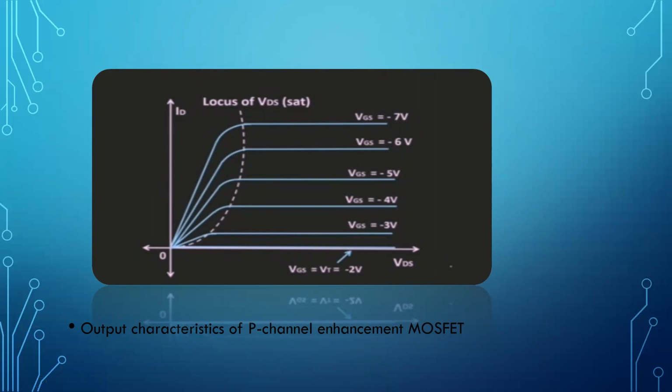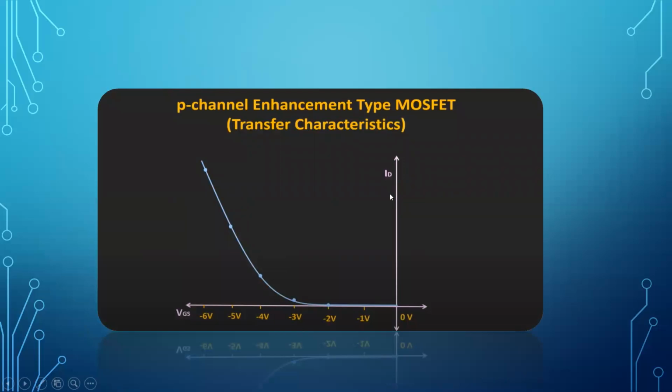As VGS becomes more and more negative, the drain current ID will increase, and whenever VGS is greater than VT, the MOSFET will operate in the cutoff region. Similarly, the transfer characteristic will be a mirror image of the N-channel MOSFET. This is a brief overview of the P-channel MOSFET.